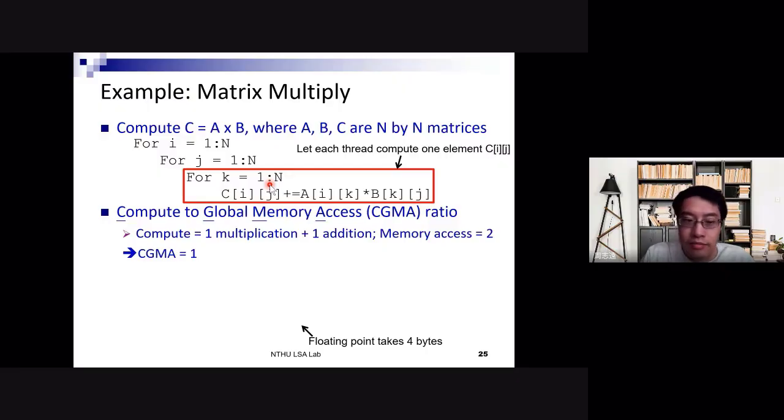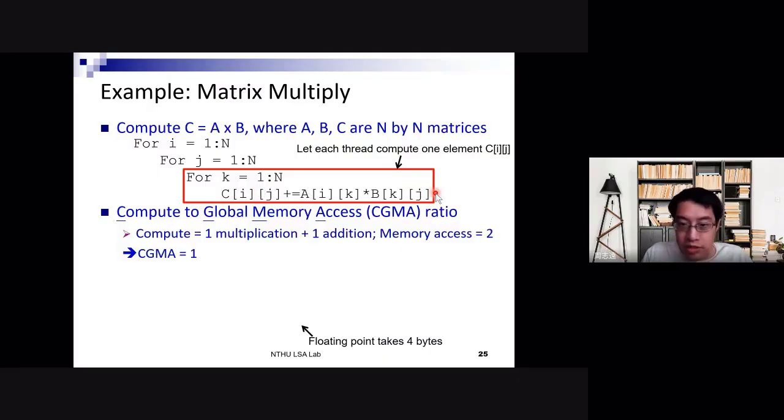As the name implies, we measure the ratio of the number of computations versus the number of global memory accesses. Because memory is usually the bottleneck, you want this ratio to be as large as possible. Look at the example over here. All the computation is performed in the last statement, so we can measure the ratio by just analyzing this statement.